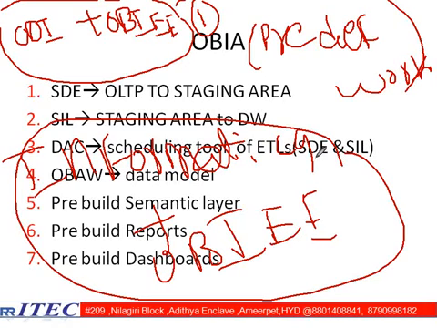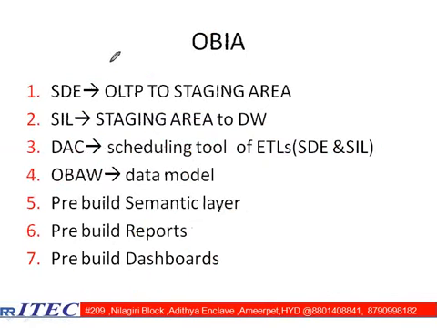If you want to use OBIEE Apps end to end, then you need to know either Informatica plus OBIEE, or ODI plus OBIEE. Now let me show you briefly. What do you mean by SDE?